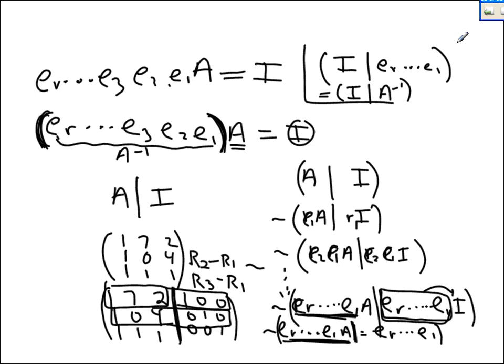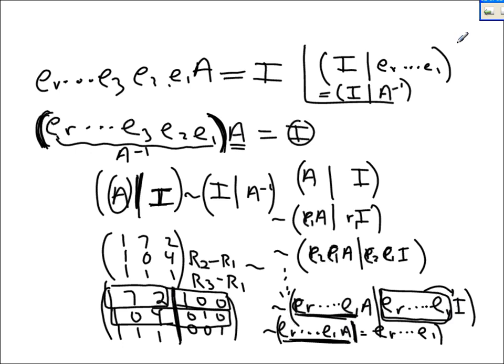So augment the matrix A with the identity matrix, and then when on the left you reduce A to the identity, what's on the right will be the inverse.